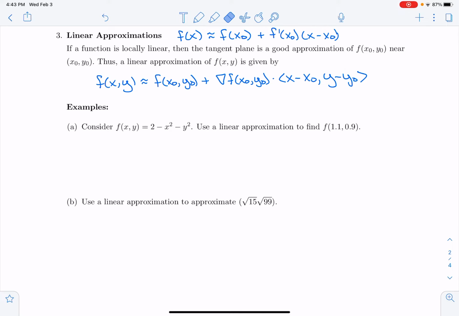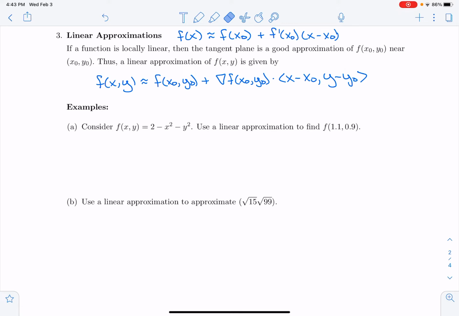So first, let's consider the function f of x y, which is equal to 2 minus x squared minus y squared. In the previous video, we saw that this function was locally linear and that it was approximately equal to the tangent plane near the point 1, 1.